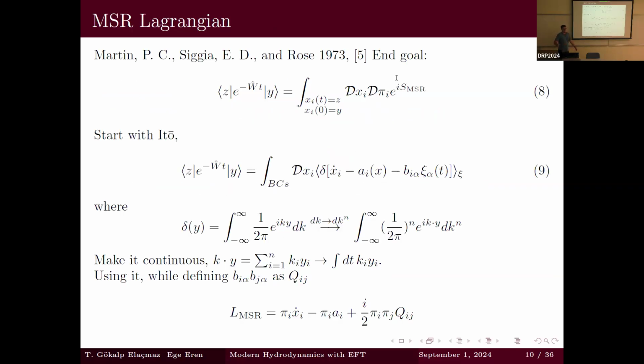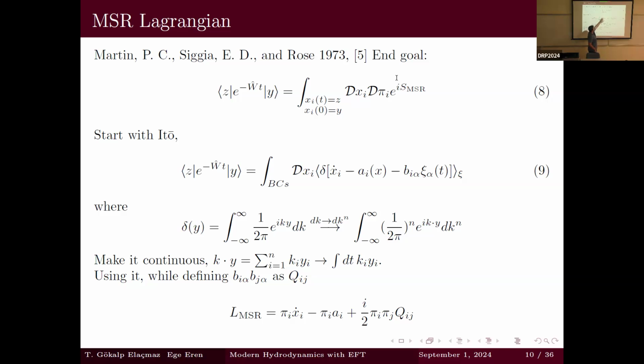Now, the MSR Lagrangian was built by Martin, Siggia, and Rose in 1973. They wanted to have the probability of going from Y to Z with this operator, but they wanted to do this from path integrals and from the EFT formalisms. So they introduced this.